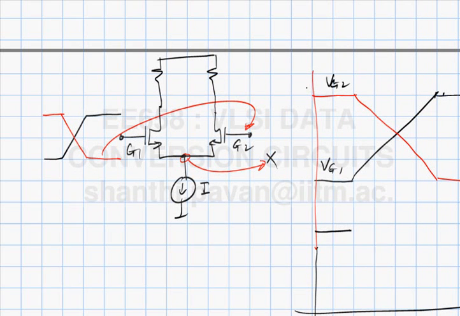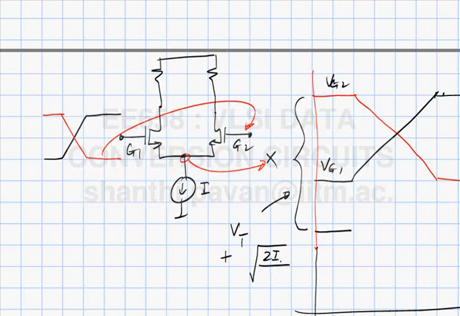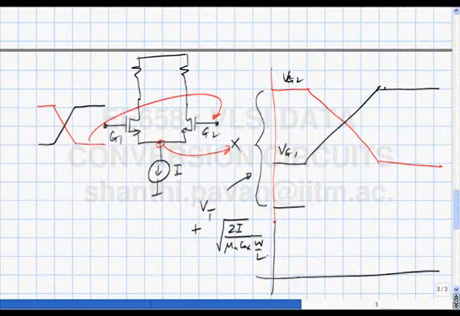minus the VGS, which is basically nothing but Vt plus square root of 2I by mu n Cox W by L. Now once all this action is over, what is the potential?